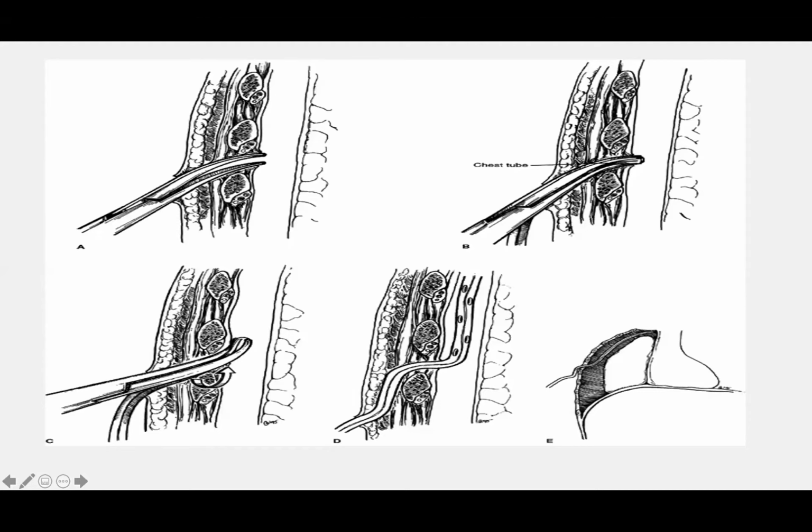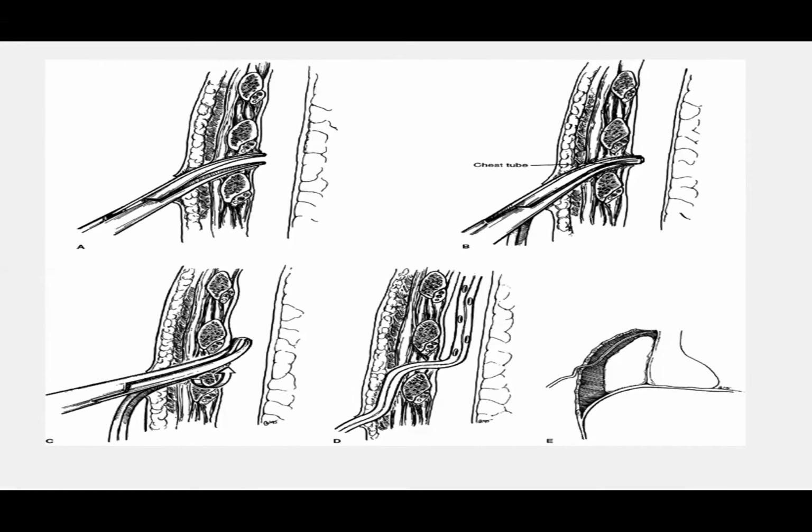Okay, so basically you will need to use this Kelly or any of the instruments that will help you to introduce the chest tube inside, and it can also help you in pushing the lower rib downwards. Okay, so it can help you to increase the intercostal space, and it will be much easier for you to introduce the chest tube.